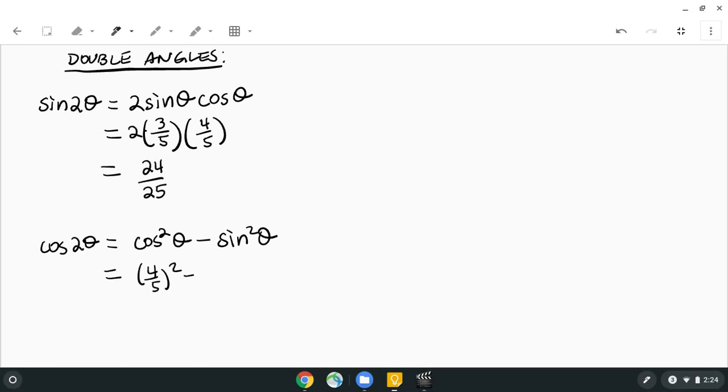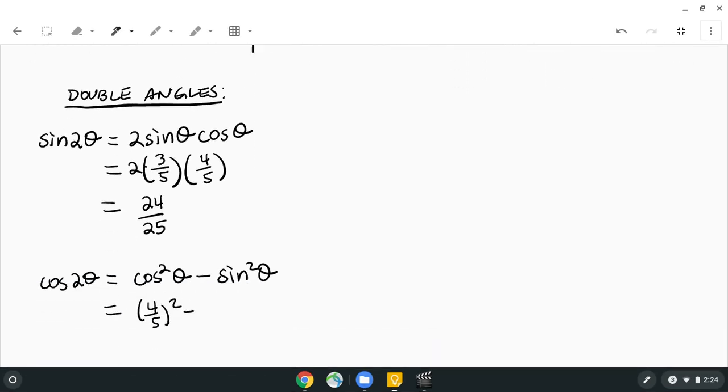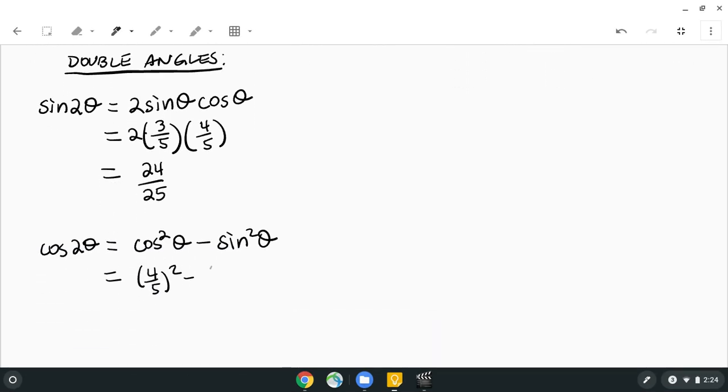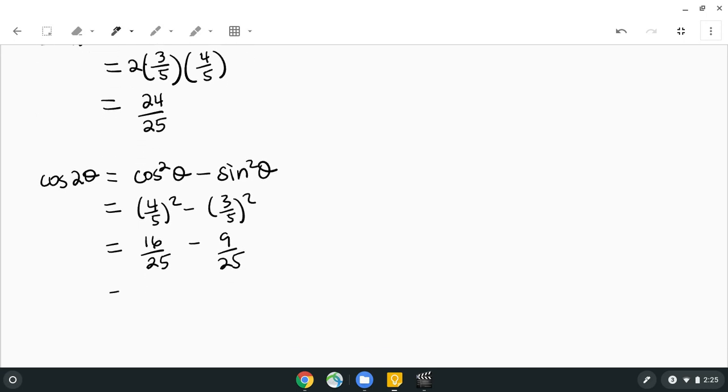And sine is opposite over hypotenuse, so 3 over 5. Okay, so we get 16 over 25 minus 9 over 25, and we get 7 over 25.